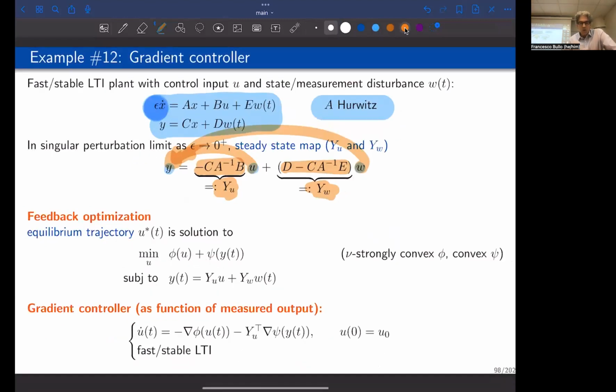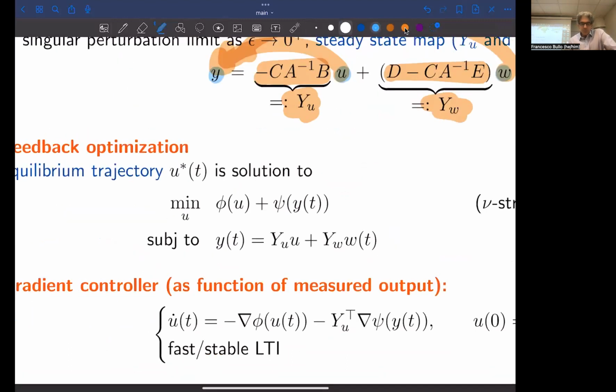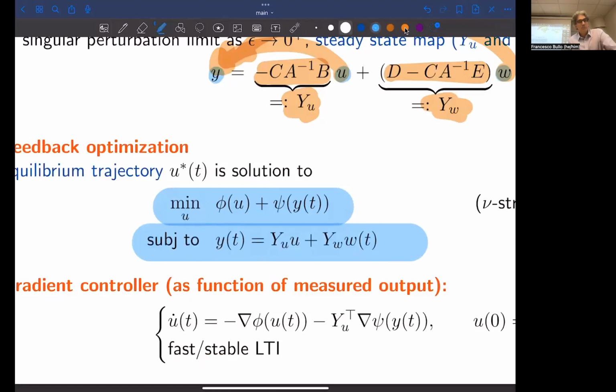So now I want to minimize a cost, phi of U, a cost in U, plus a cost in Y, subject to the steady state map. Notice this optimization problem. What is this optimization problem?